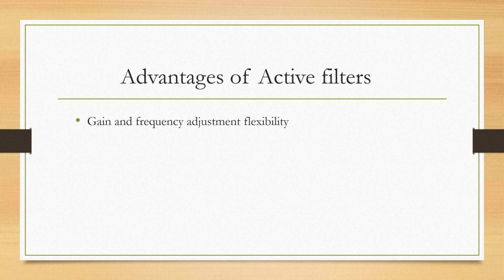In the case of a passive filter, there is no possibility of varying the gain or the frequency of the filter because we are using passive elements. Since an op-amp is used in the active filter, the gain can be easily adjusted.